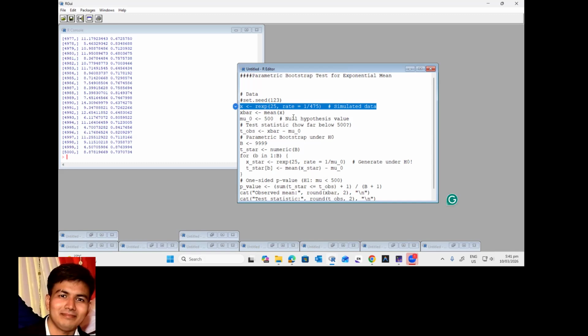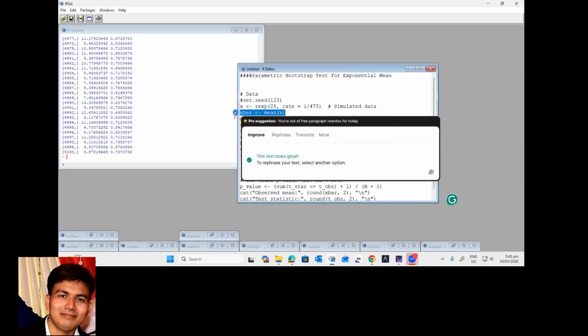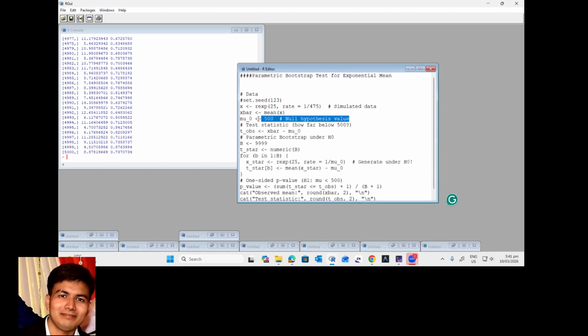After that, we compute the sample mean for the observed data, and mu naught is the hypothesis mean under the null hypothesis, H naught such that mu equals 500. The test statistic is chosen as the difference between the sample mean and the null hypothesis value. So T observed is basically x bar minus 500.